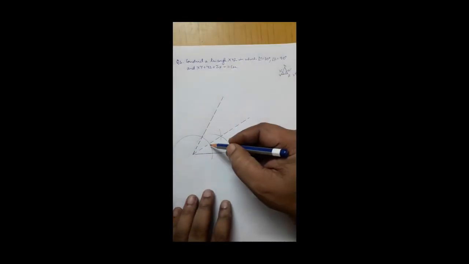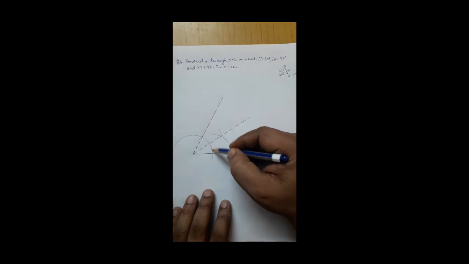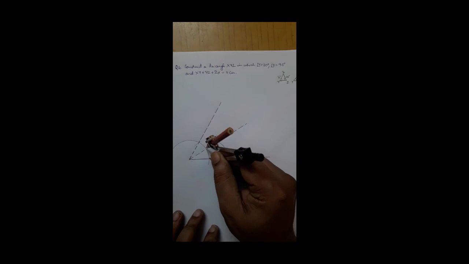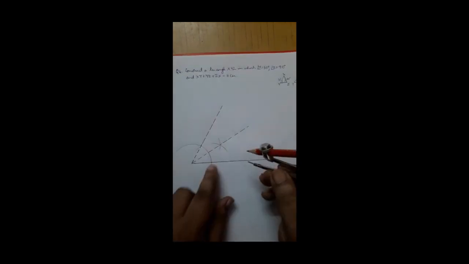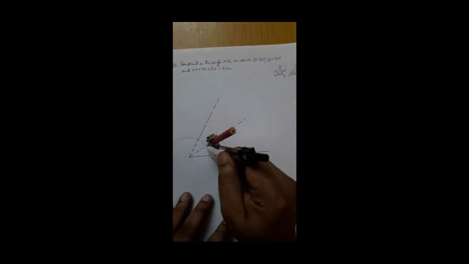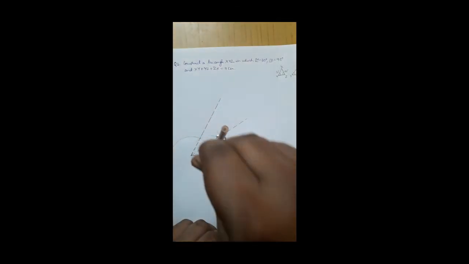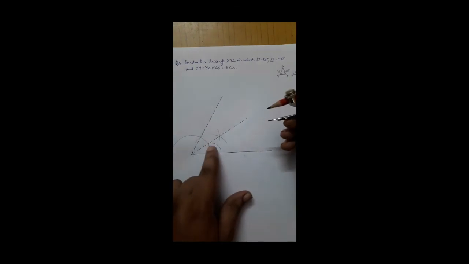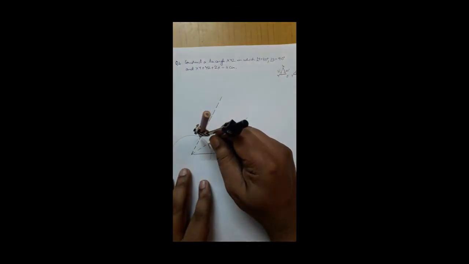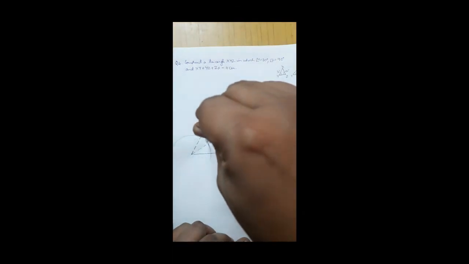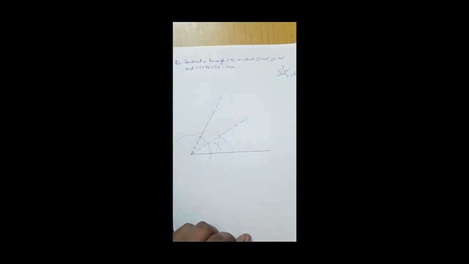Now I have to measure the arc from here to here, and that should give us the angle bisector of 30 degrees, which will be 15 degrees. So let's do that. There you go, that is measured. And now using this as a point, I'll construct an arc this way, and this will be the other point, and I'll cut this arc as well over here.